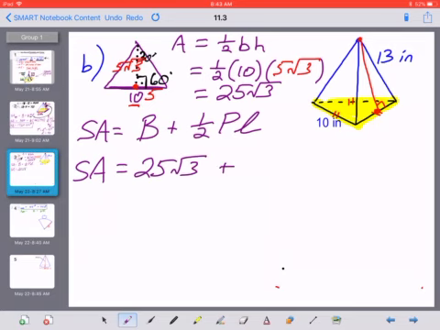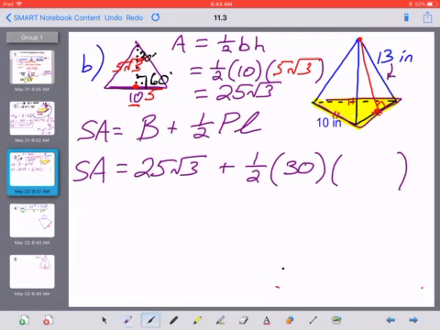And we're going to add to that now. Let's keep following the formula. 1/2. The capital P means perimeter of the base. 10 plus 10 plus 10 gives us a base perimeter of 30. And then for the slant height, once again, that 13 right here represents a lateral edge, but what we're really looking at is L, the piece in red right here, that's the slant height.